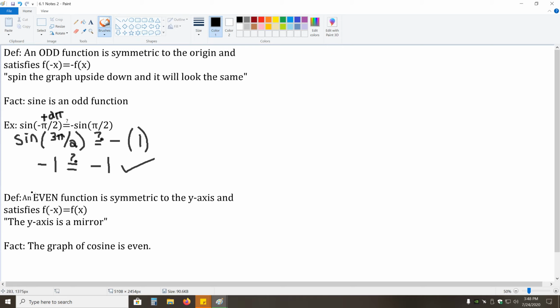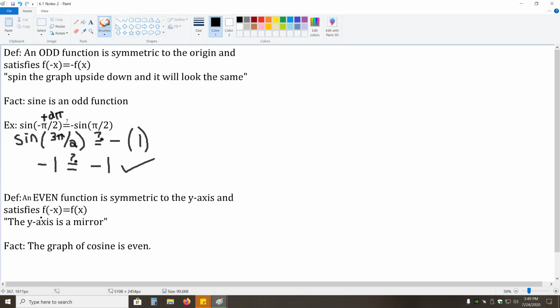Okay, continuing on from here, we say that an even function is symmetric to the y-axis and satisfies f of negative x equals f of x. Meaning if you have a negative value inside of your function, it's the same thing as if you just throw the negative away entirely.